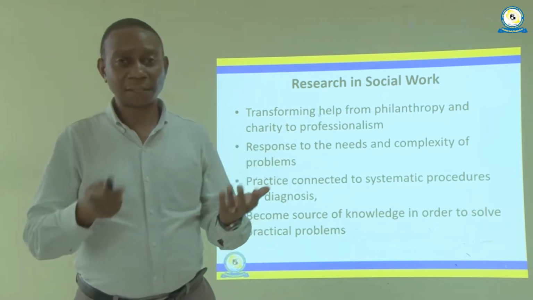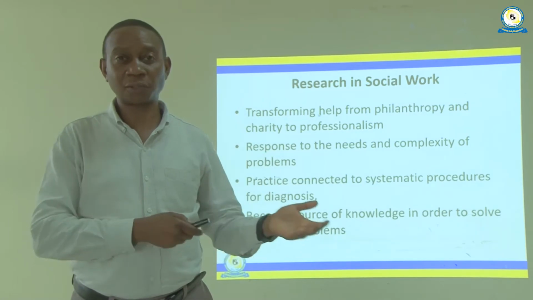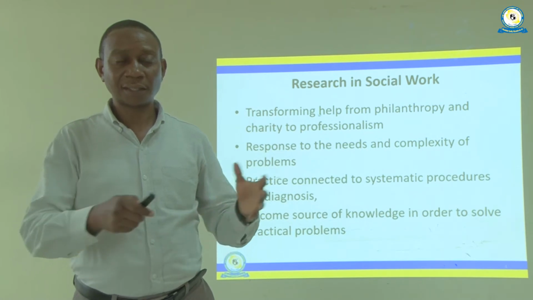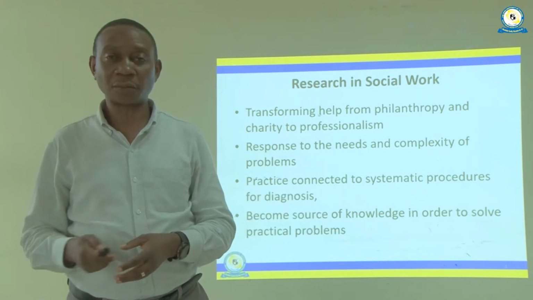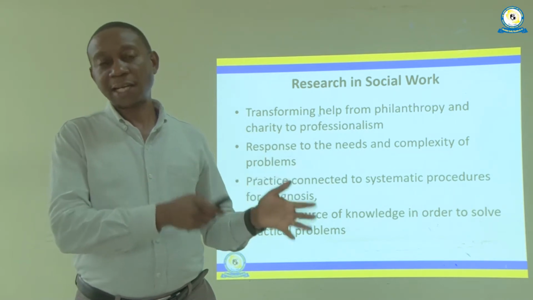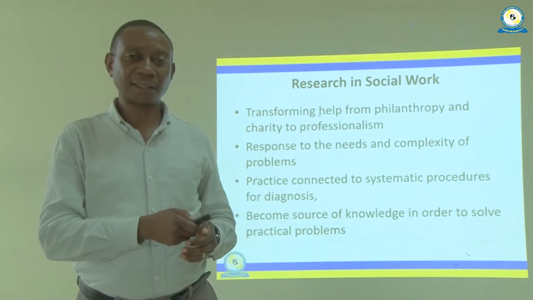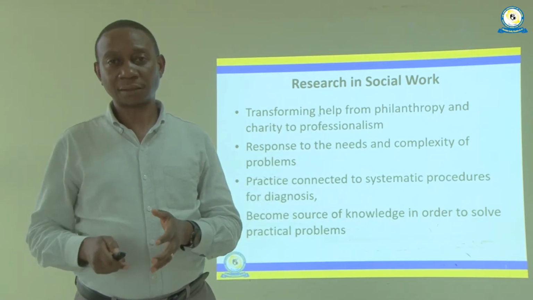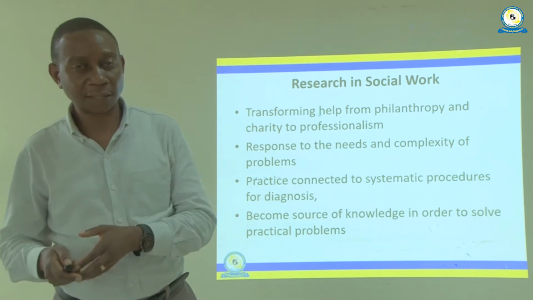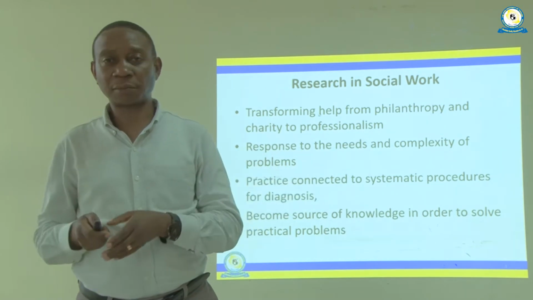Just helping, providing freely, just charity, through churches, some social organizations, in families, in our communities, and so on. But now, from that kind of philanthropy, providing services, to charity that abides by scientific approaches, we call it transforming from philanthropy to charity professionalism.